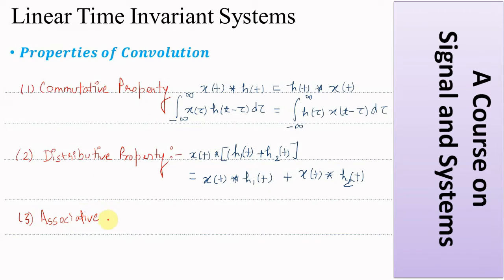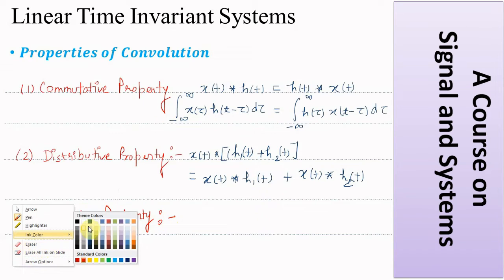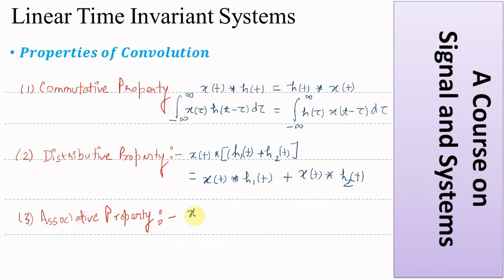So the process of convolution is associative as well, which means to say if I convolve xt with the convolution of two signals, h1t and h2t, I can calculate h1 and h2 convolution first and then the result will be convolved with xt, or I can do that xt is convolved with h1t first and the result is convolved with h2t.